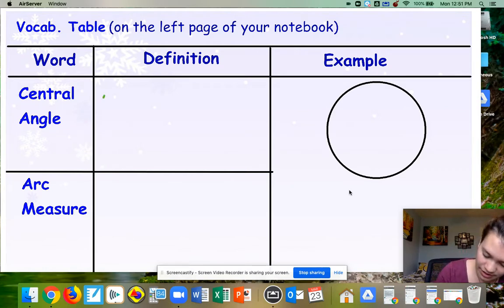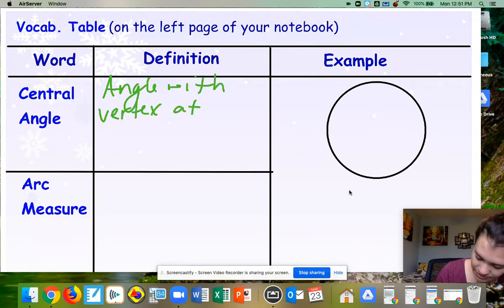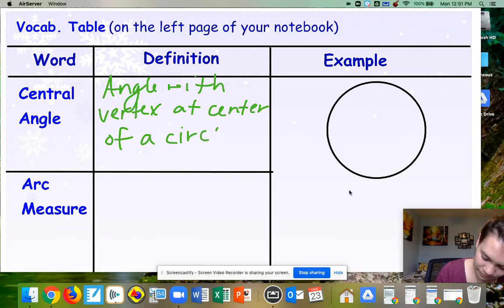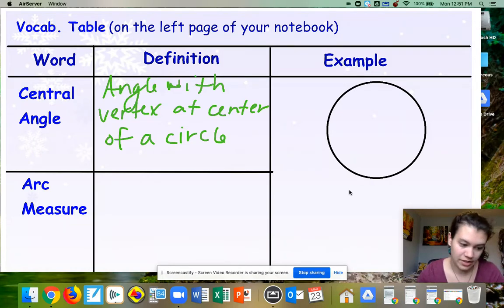So an angle with vertex at the center of a circle. For the example over here, we're going to be using the same one for a couple of these.